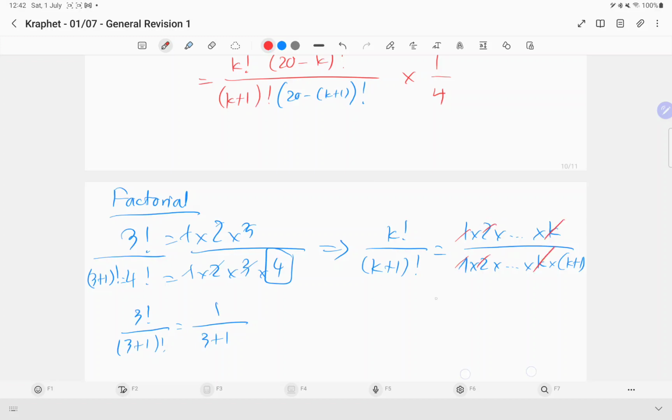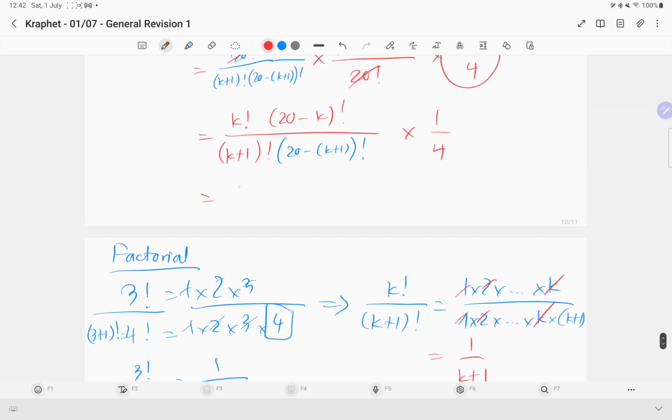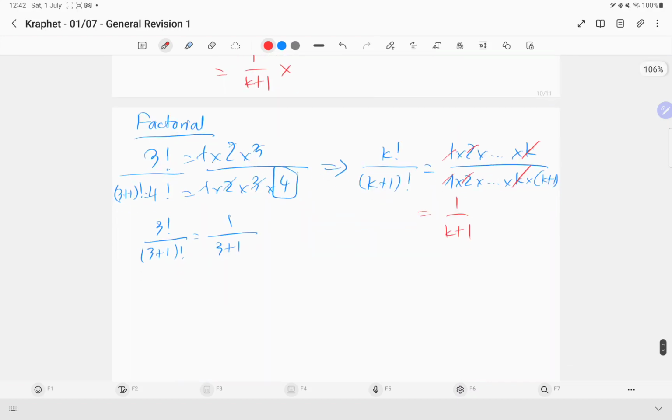It's 1 over k plus 1. So that's the first part there, and that would be 1 over k plus 1 times, now we're going to work out this thing here. So 20 minus k factorial. Now I'll use the notation straight away: 20 minus k, everything factorial, over 20 minus up to k plus 1, factorial.